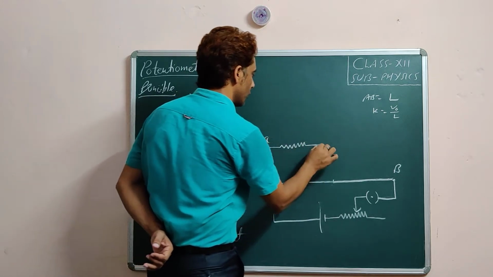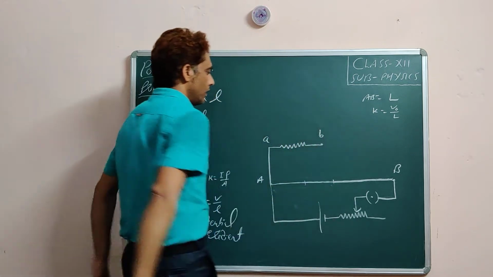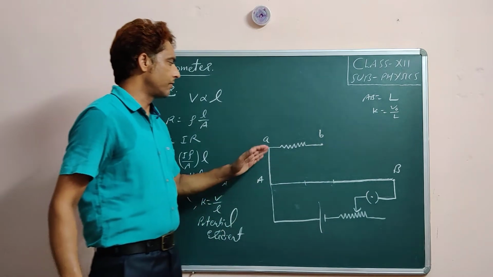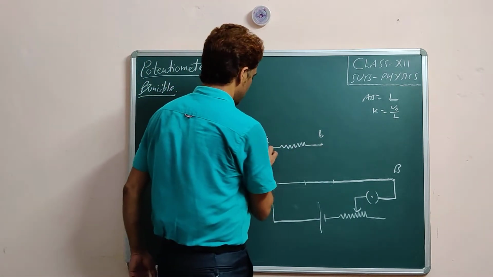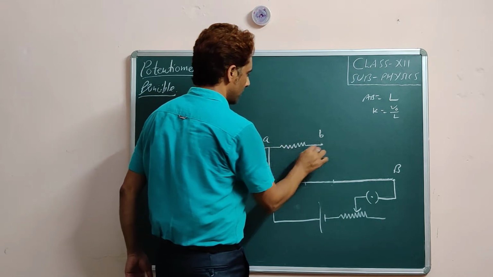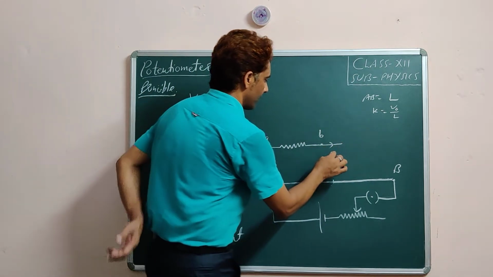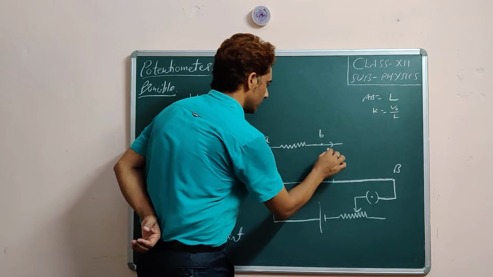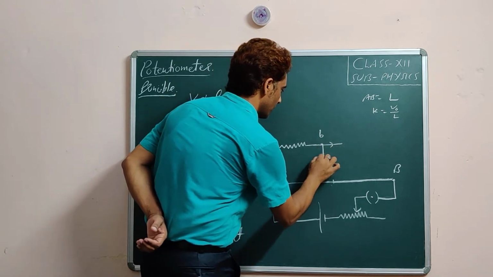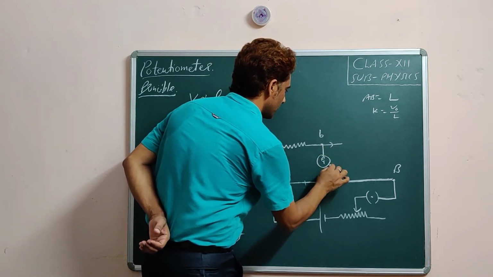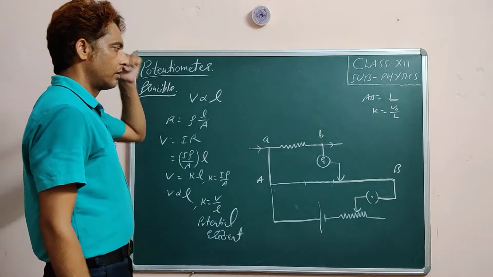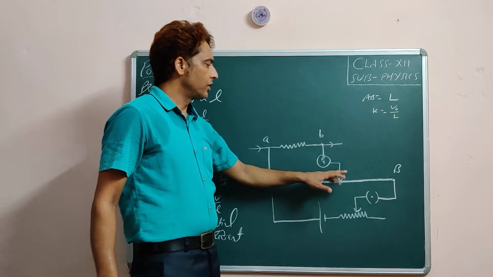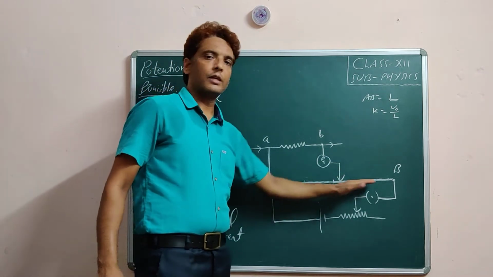Let this be small a and this point be small b. So we have to measure the potential difference between a and b. So here we connect a galvanometer and the other end is connected to jockey. This is jockey, so it can be slided over this wire AB.